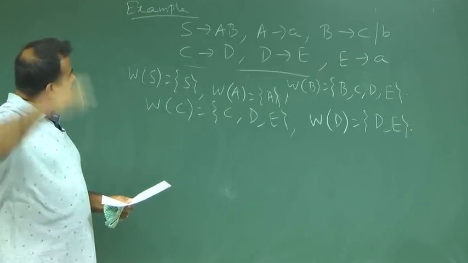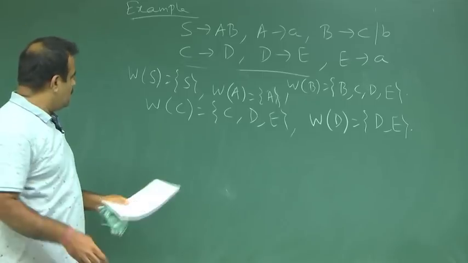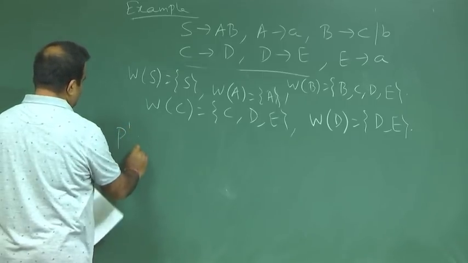Now, once we get these W's, how can we get the P prime from here?